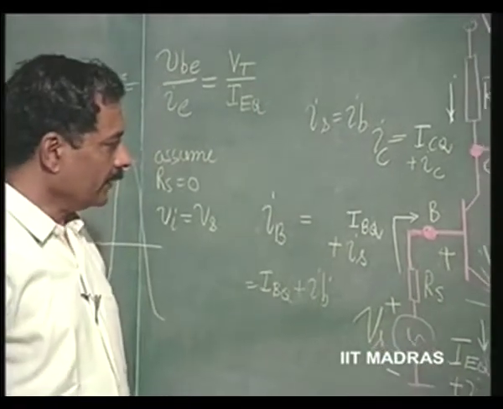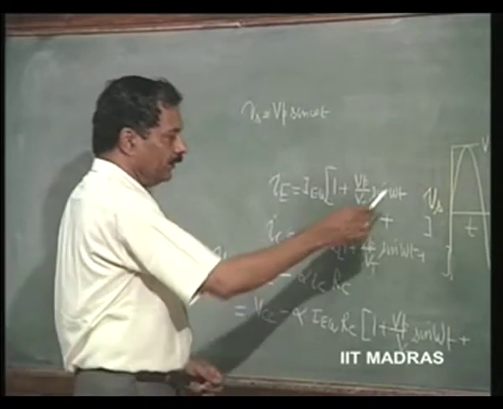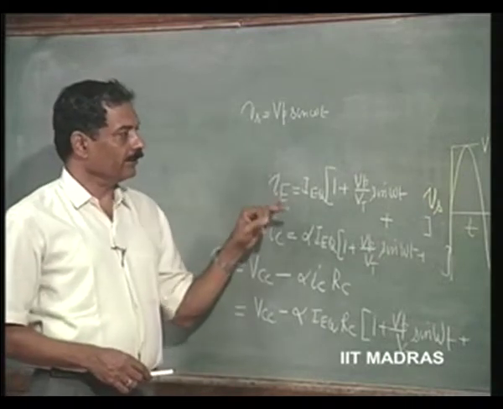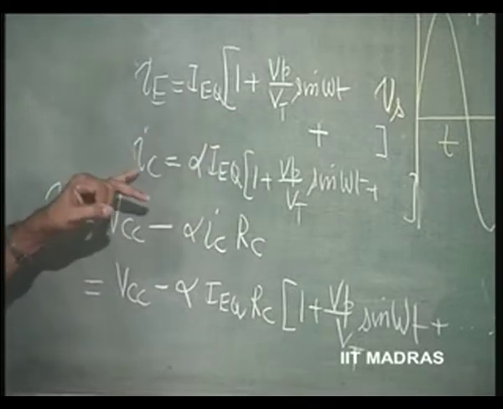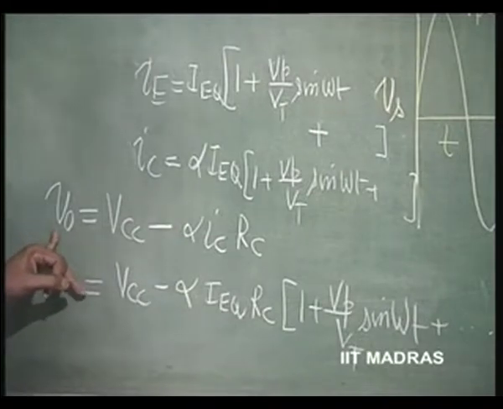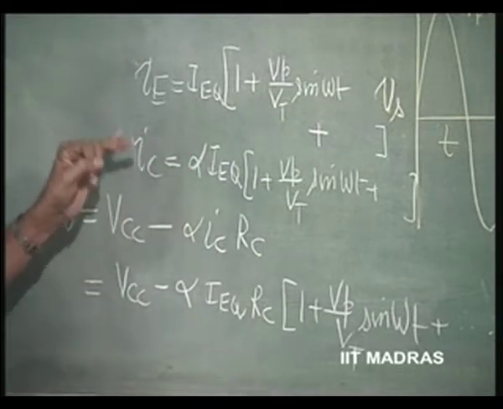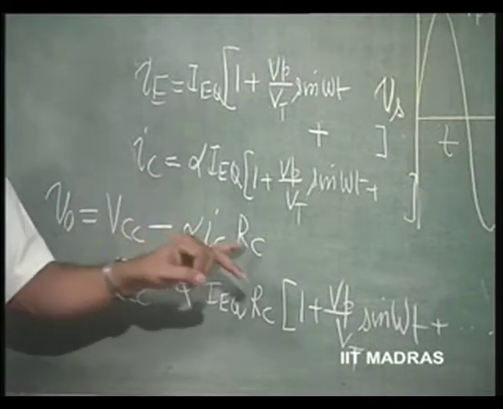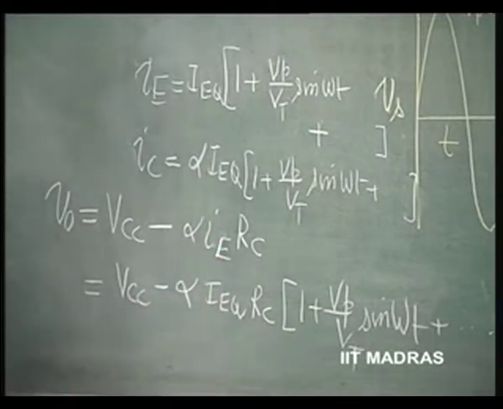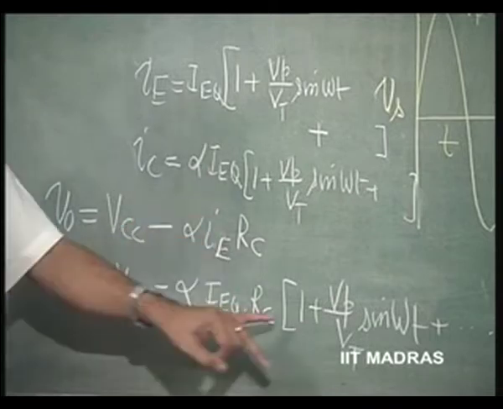So, we had just seen that when I apply a signal Vs equal to Vp sin omega t, and if Rs is 0, then IE is equal to this and IC is equal to alpha times IE, and V0 output voltage is going to be equal to VCC minus IC times RC, which is alpha times IE times RC, which is going to be VCC minus alpha IEQ RC into 1 plus this.